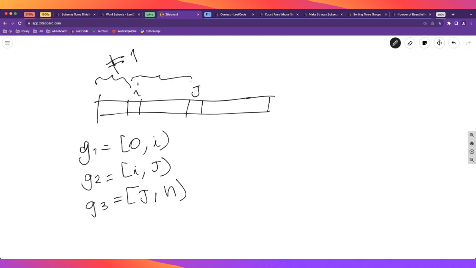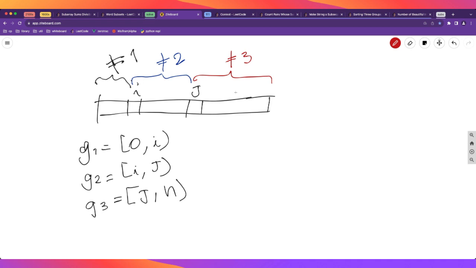Then in the middle range, we have to count the ones that are different than 2, and from here up to the end, we have to count the ones that are different than 3.